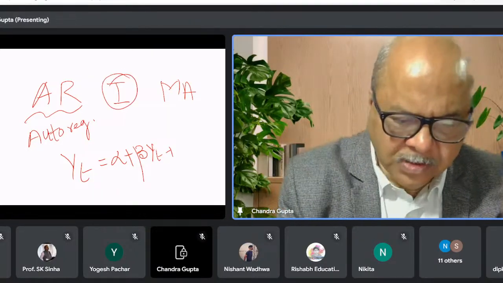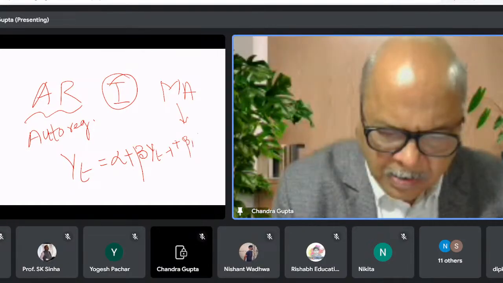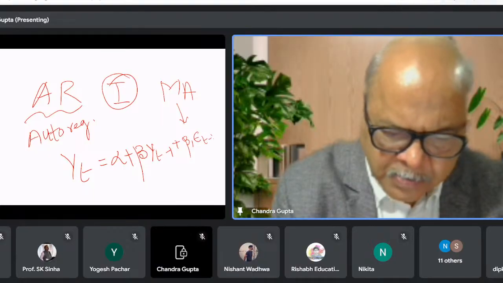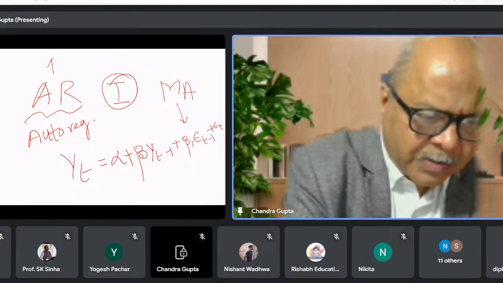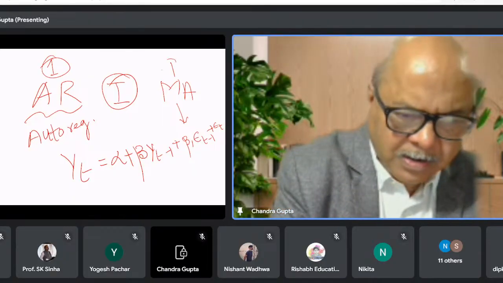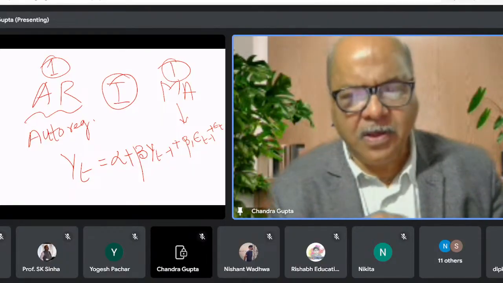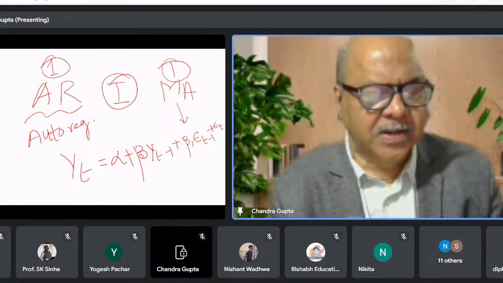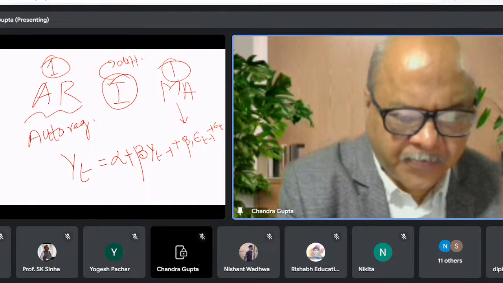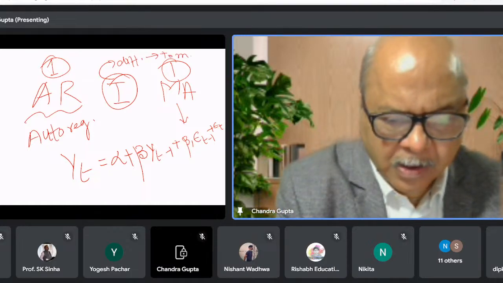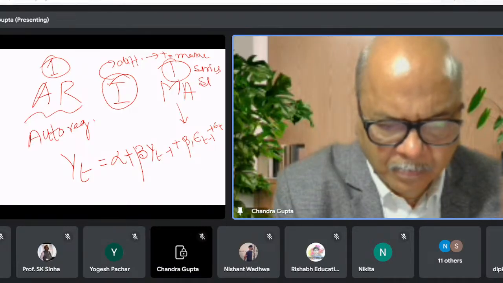I will come back to this I. Moving average means the error term, beta 1, error term of the previous period. So I have autoregressive term 1, MA1, right? What is I? I stands for integrated value. How many times I should take difference to make the series stationary?